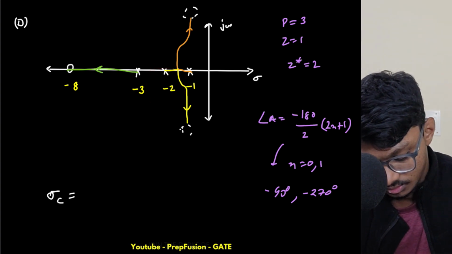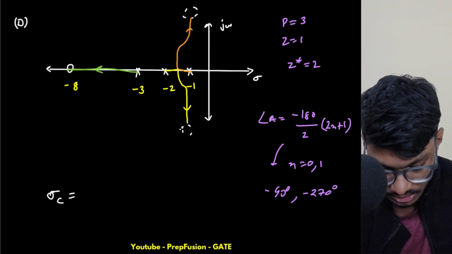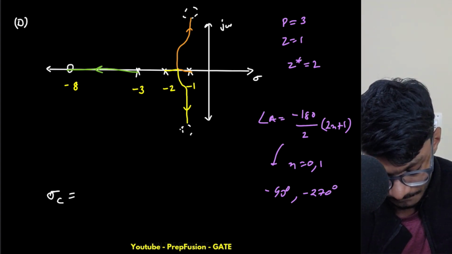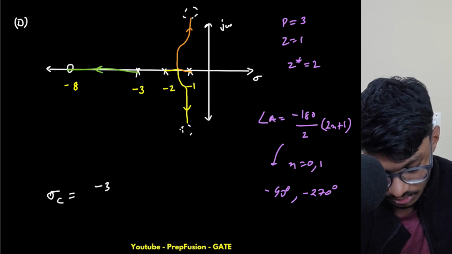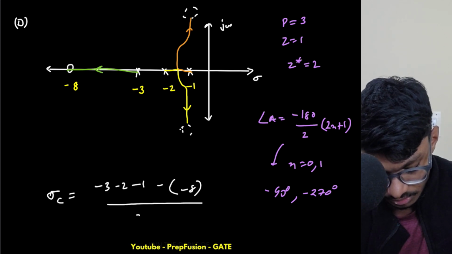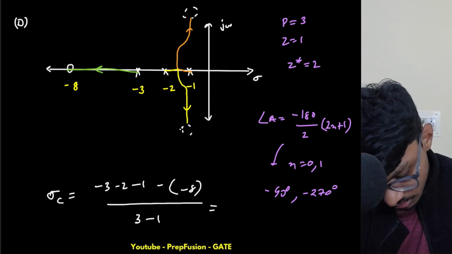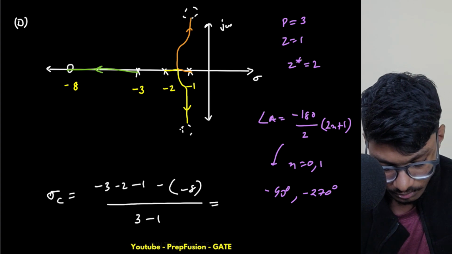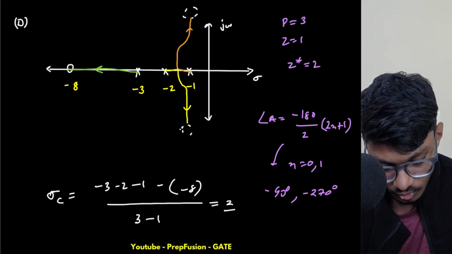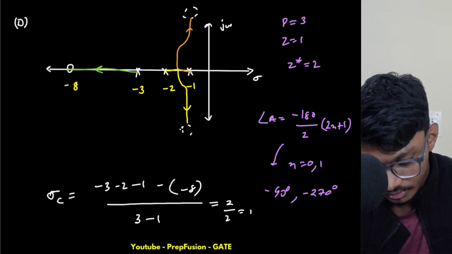So sigma c is the summation of poles, which is minus 3 minus 2 minus 1, minus the summation of zeros, minus 8, divided by poles minus zeros. So it is 8 minus 6, 2 by 2, which is 1. So around 1 it will die out.